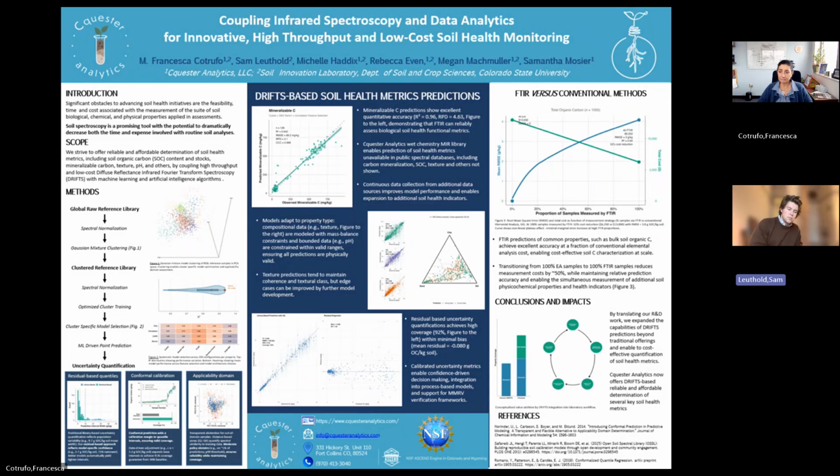What's really interesting and novel here is that our assumption is that each analyte and each set of soils responds best to a different algorithm or model configuration. So we've tested thousands of different model configurations for predicting things like soil carbon across these different clusters.